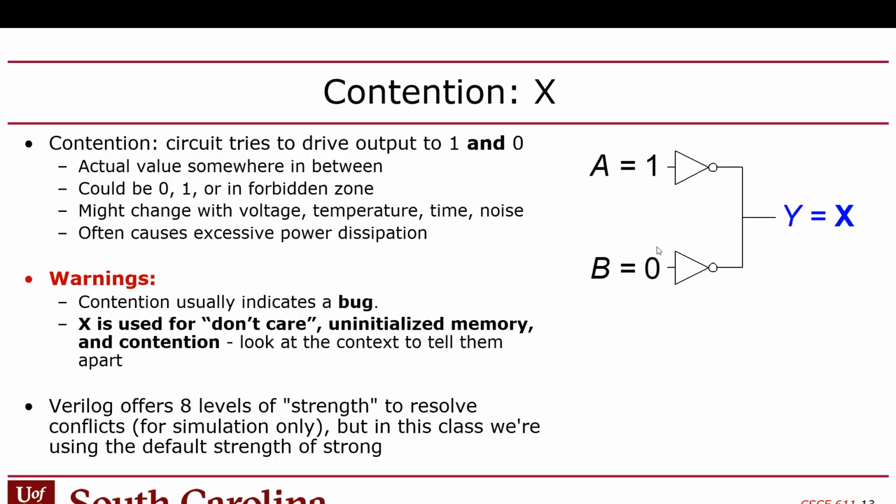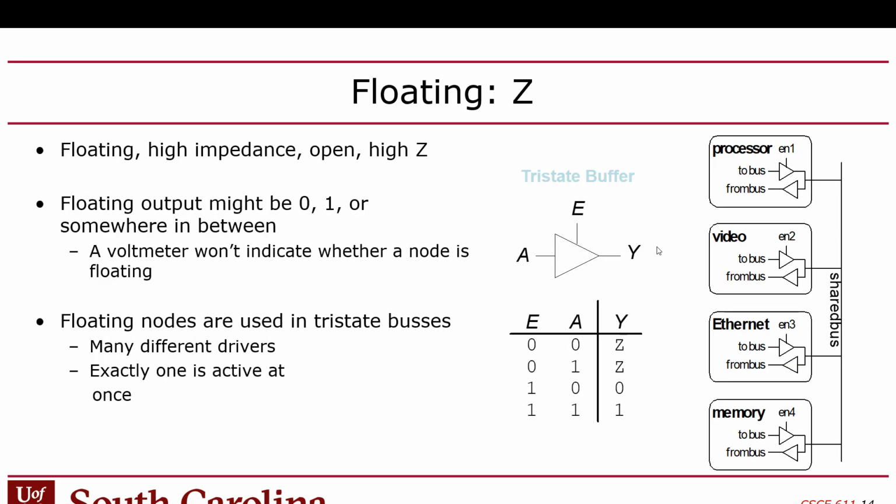The other one's trying to pull it up to 1, meaning there's a transistor on the other inverter trying to connect to the power supply, VDD. This ends up creating a low impedance path between power and ground, which means it's a short circuit. So if this happens on an FPGA, if the tools allow this to happen, then you could damage the device.